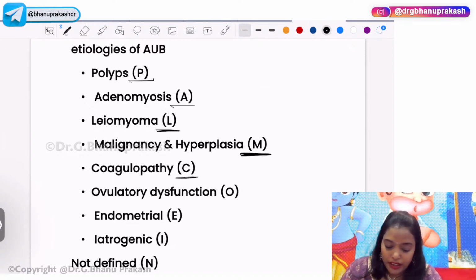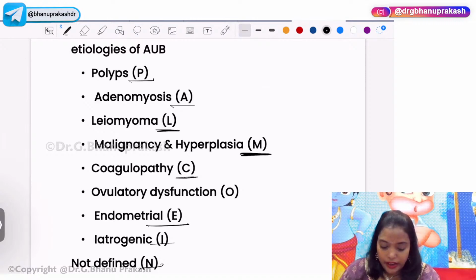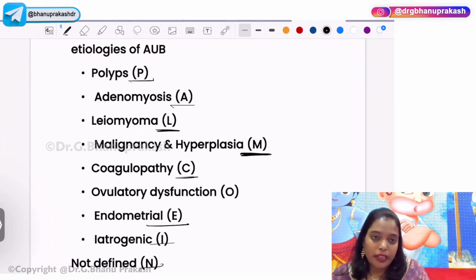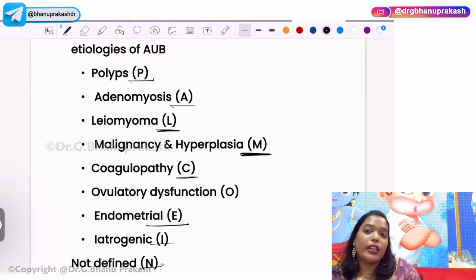C is coagulopathy. O is ovulatory dysfunction. E is endometrial. I is iatrogenic, and N is not defined. So all the causes of abnormal uterine bleeding are divided into the PALM-COEIN classification.